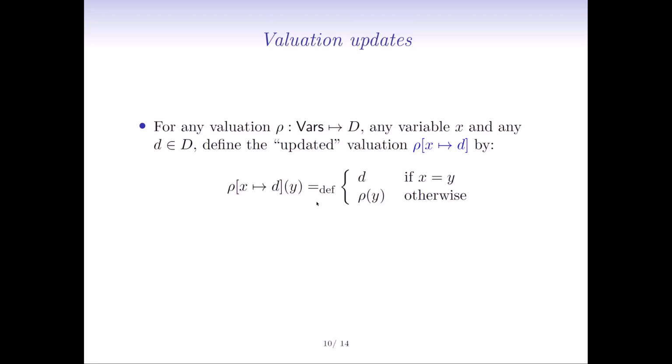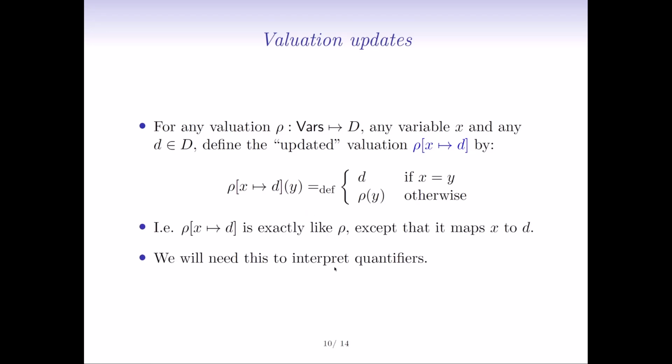So this is just a mathematical way of saying rho with x maps to d is the valuation which is exactly like rho, except that it sends the variable x to the element d, which is exactly what we say here. And we're going to need this to interpret quantifiers. And we'll go on to show the satisfaction relation for all formulas of first order logic on the next slide.